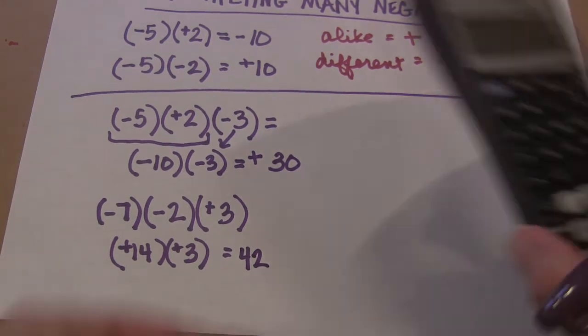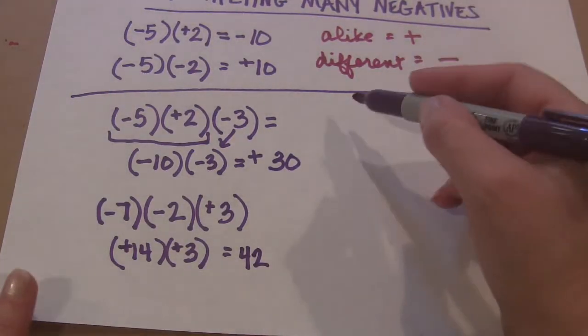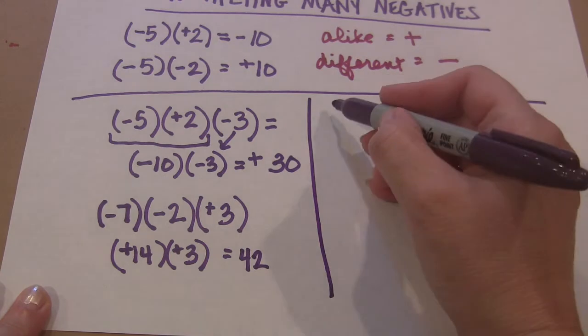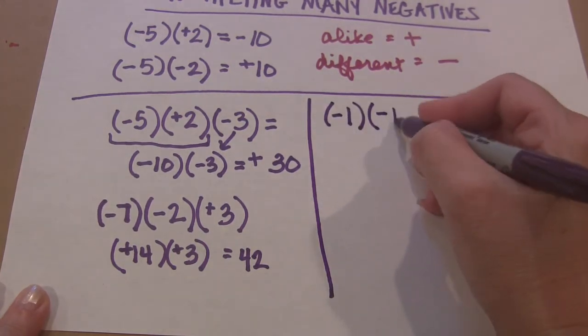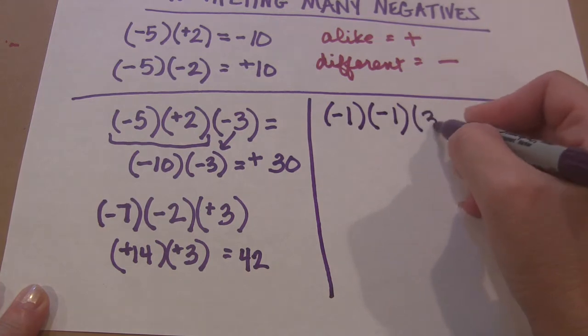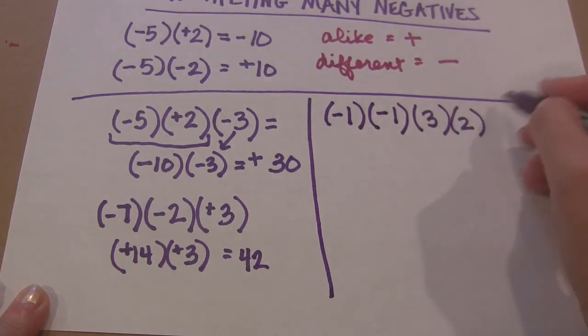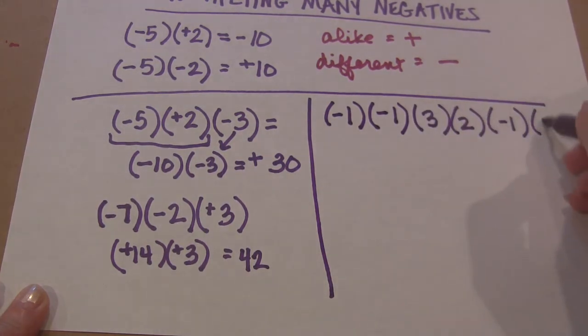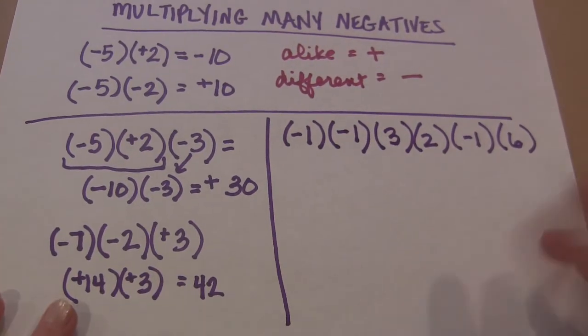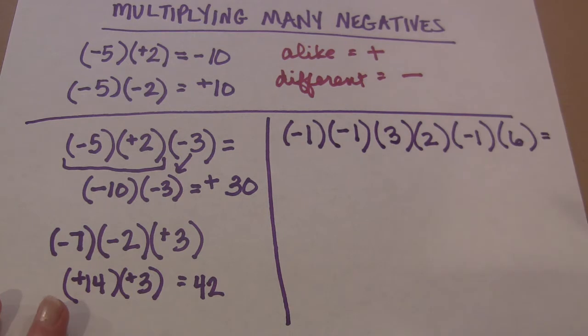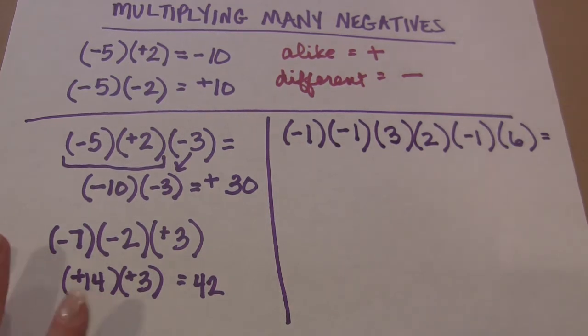Now, I could make it even more complicated. I could give you a string of numbers, like negative 1 times negative 1 times 3 times 2 times negative 1 times 6. Aha! That is a math problem worthy of some attention. What is your answer going to be?